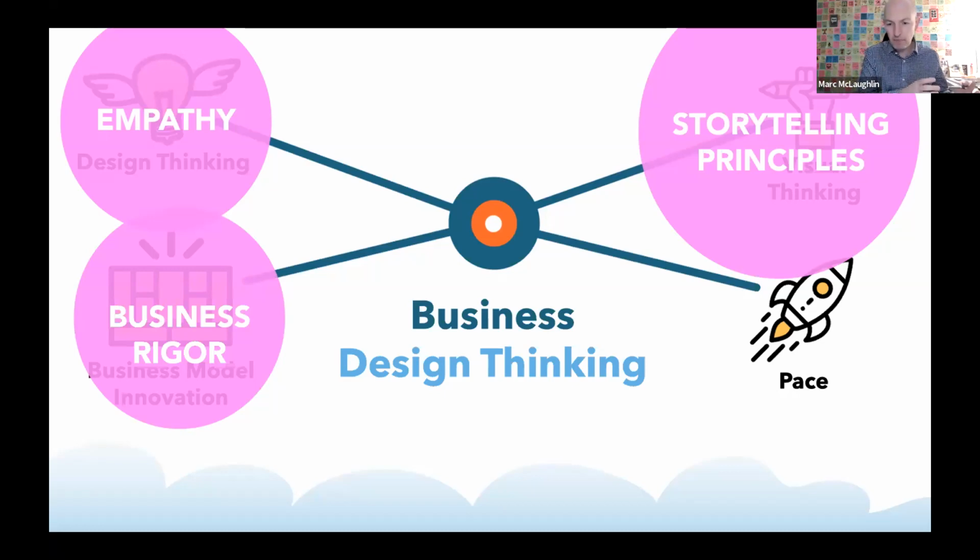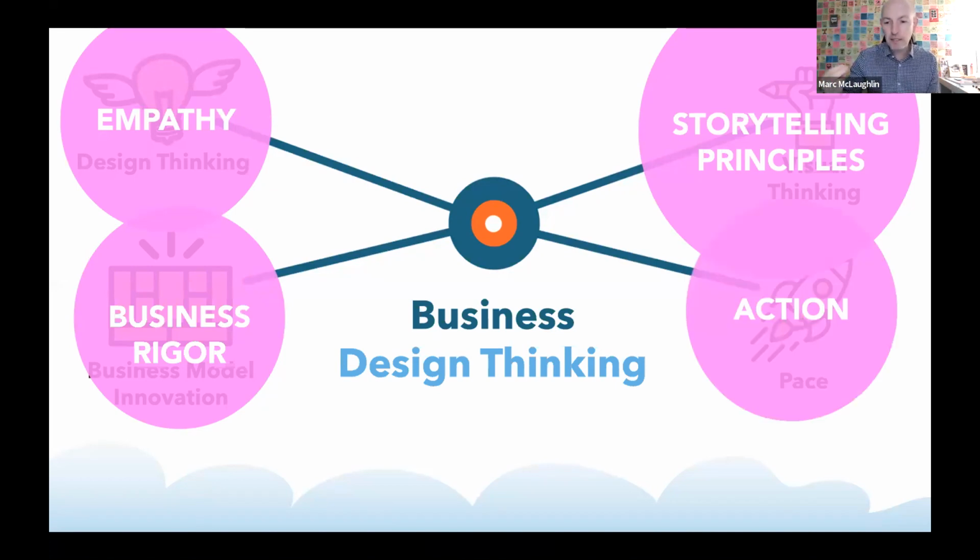What's the back end infrastructure, the front end channels, the core value proposition, all of these parts of business modeling that make things very rigorous. And then there's speed, the speed of doing things, using sprinting techniques. And all of that boiled together is what we call business design thinking. Design thinking is one part, but business design thinking are those 4 fundamental cornerstones.